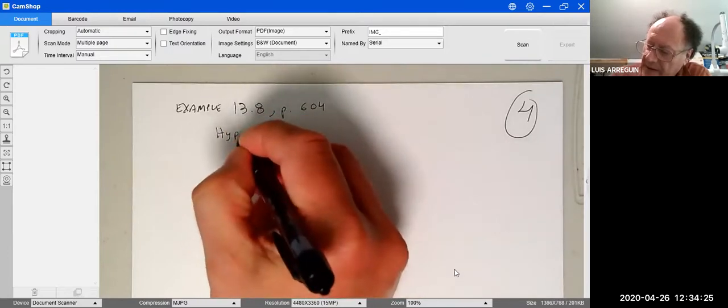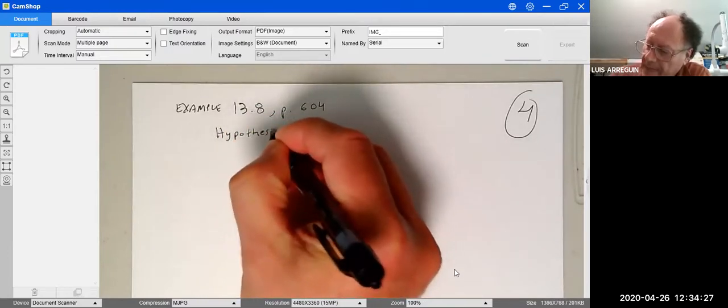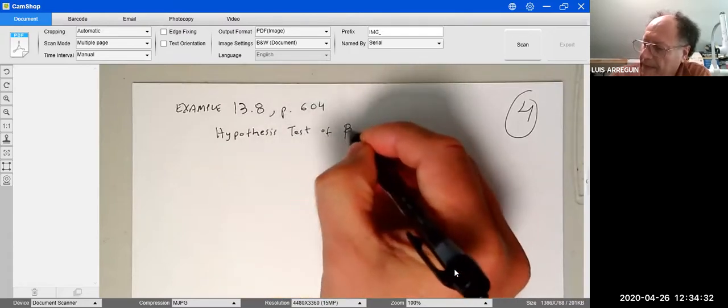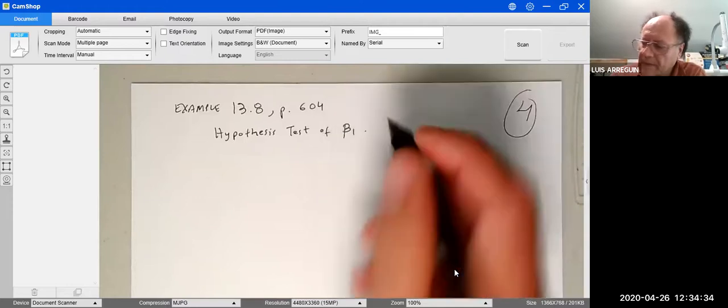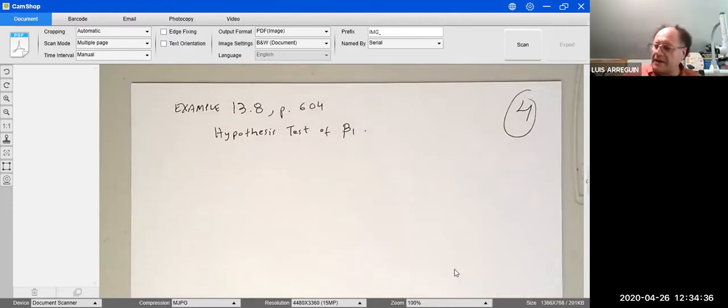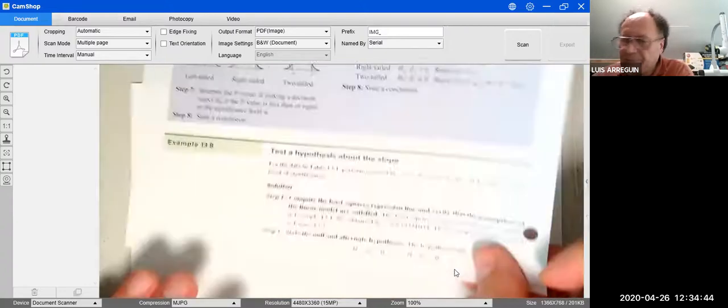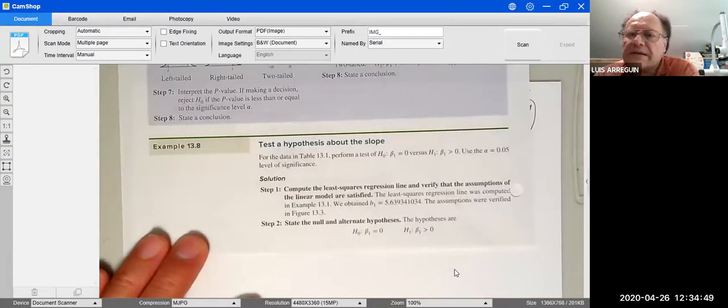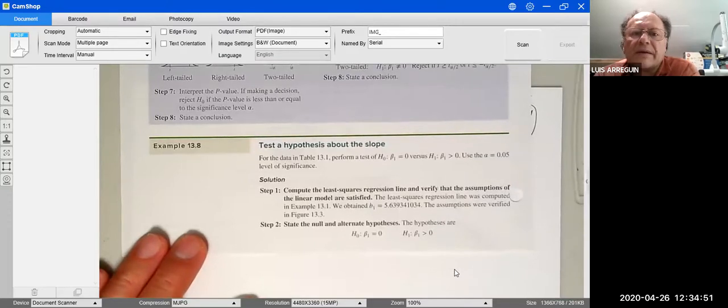So this is a hypothesis test of the slope. And remember, any hypothesis test on the slope is going to be the same as on the correlation coefficient. So let's just read the problem. For the data in table 13.1, the same table that we have been using, we're going to perform a test of the following.